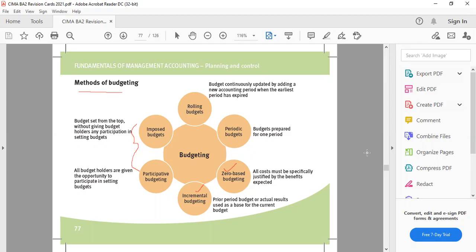Then we have another two types of budgets, which are rolling budgets and periodic budgets. A periodic budget is prepared for a period of time, let's say the next 1 year.